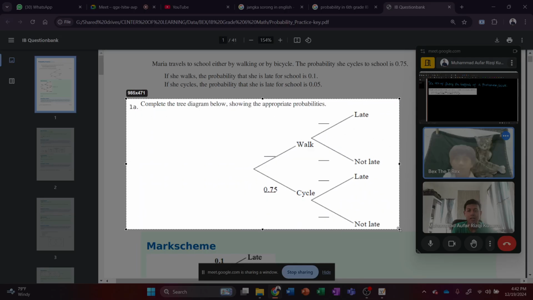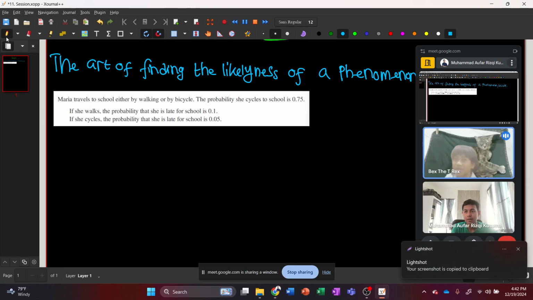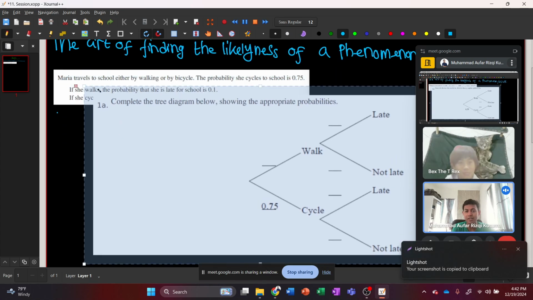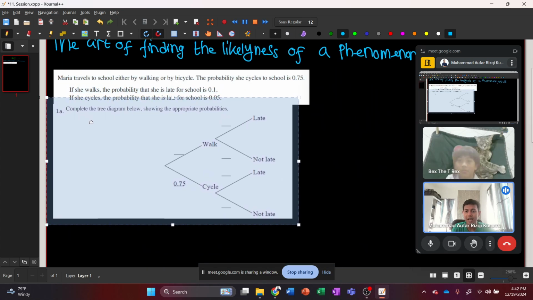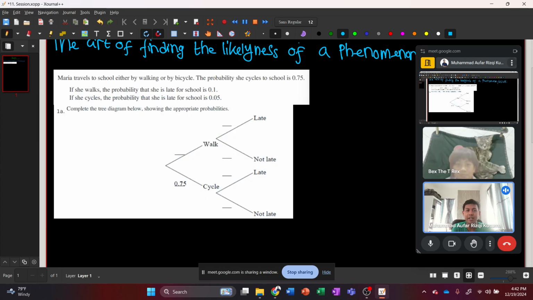Is that a percentage? You don't have to use percentage, just use it as it is. Now, the first task is to complete the tree diagram showing the appropriate probabilities. This is the phenomenon, this is the event, this is the start.